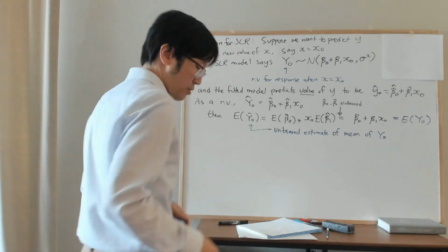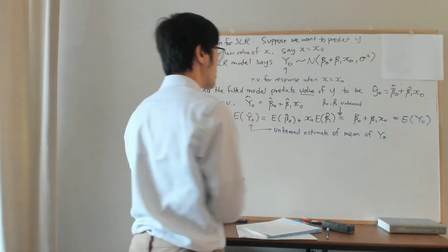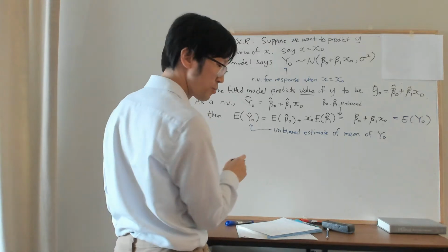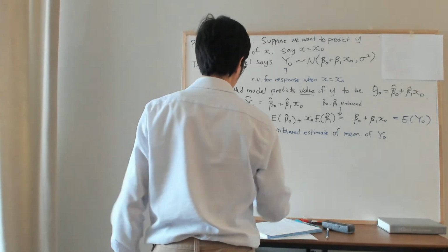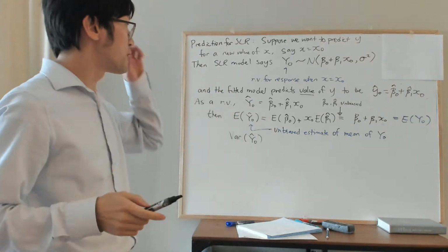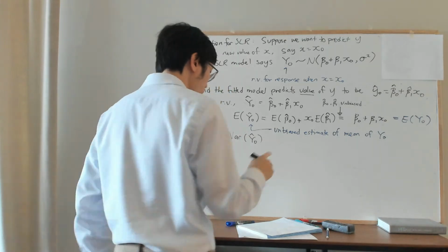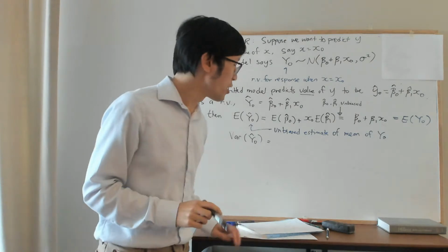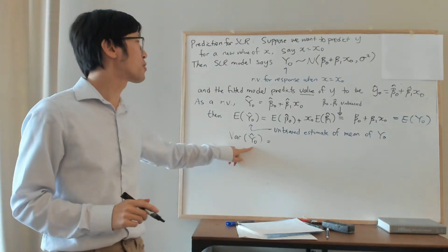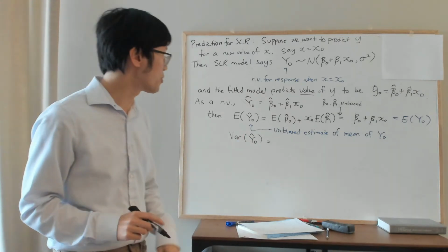that is the expected value. The other thing we will calculate is the variance. So let's do variance of y0 hat. Now, this one is a little more messy, but the gist of it is very similar to what we learned last time. We can get this variance by looking at it as a function of existing random variables.